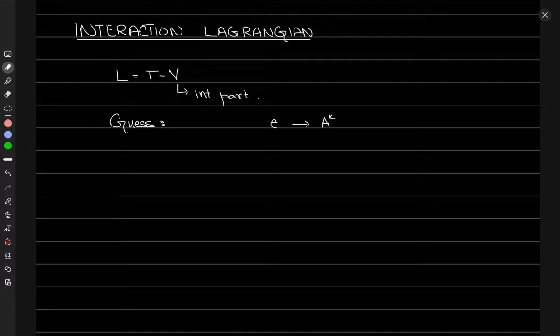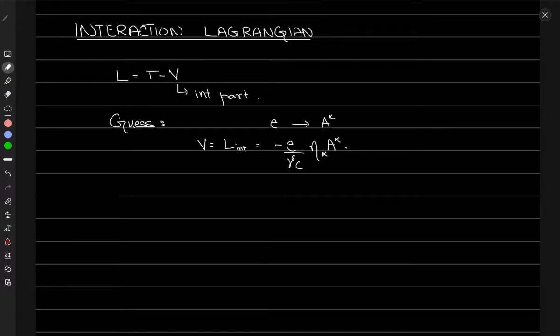So to keep the units consistent, we can write the interaction Lagrangian, let me use V for that, or you can call it L_int, is minus e over gamma c times eta alpha A alpha, right? Now here we have the units consistent with the units for energy, and we have this electron which is interacting with this electromagnetic field.